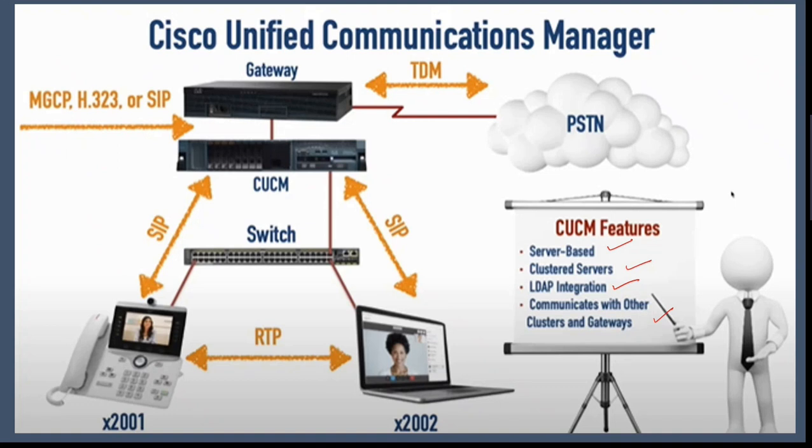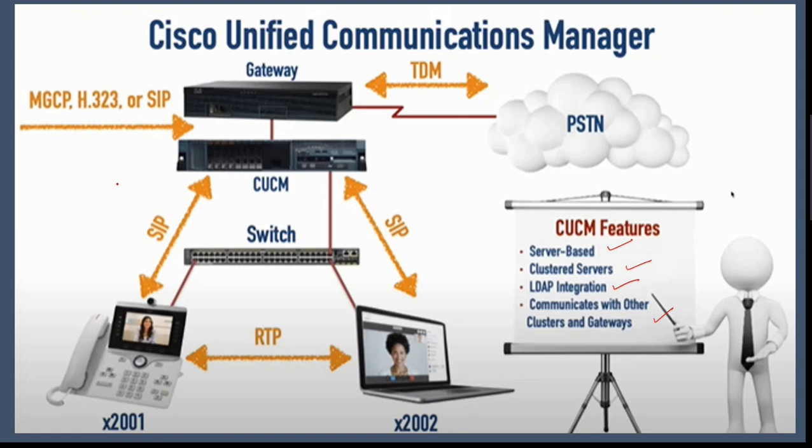It can provide call routing, different supplemental services, different types of communication manipulation, and so on, even instant messaging and presence within CUCM. It is a framework of different protocols and services that it provides in the collaboration network, and it is one of the very important components of the collaboration network.